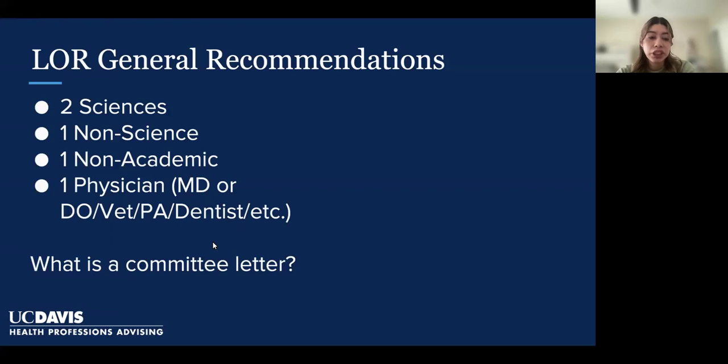And one physician. This goes like an MD or DO or vet, PA, dentist, depending on your health profession. I have heard that if you are interested in applying for DO, then you must have a letter from a DO and not an MD. But these are general requirements, and these specific requirements can vary by school.